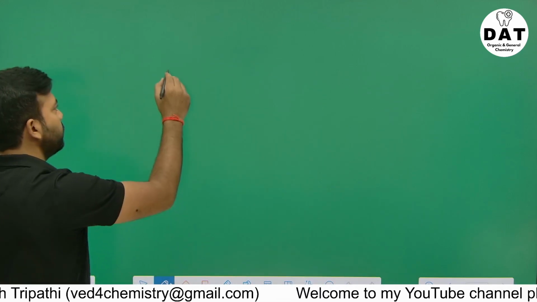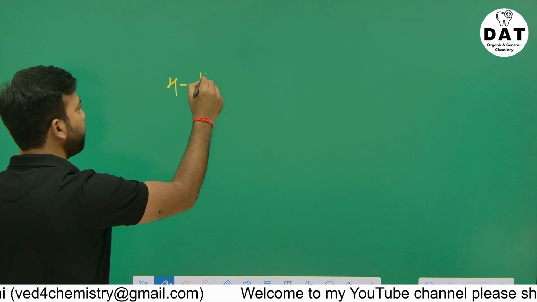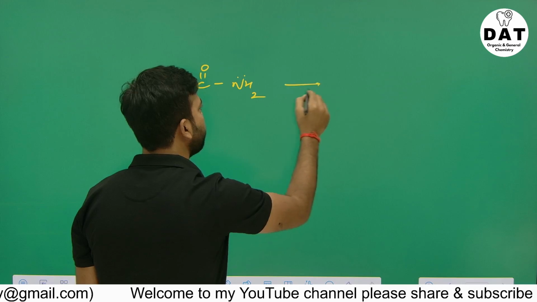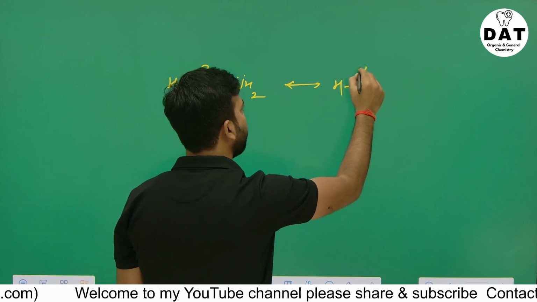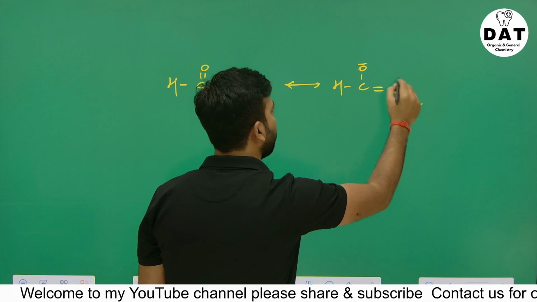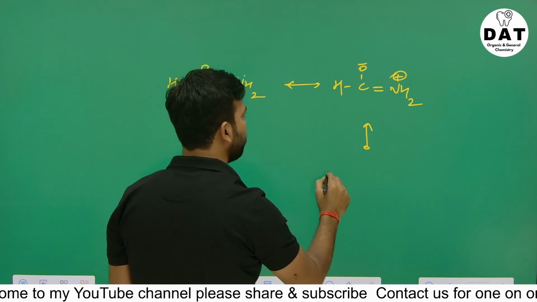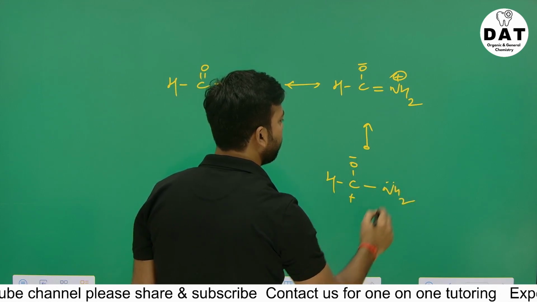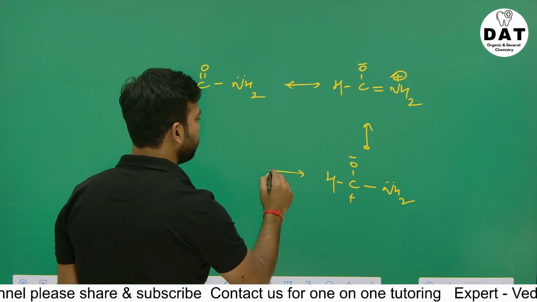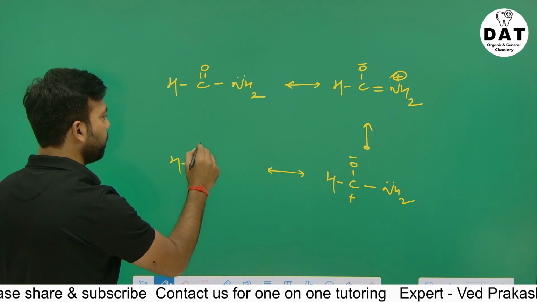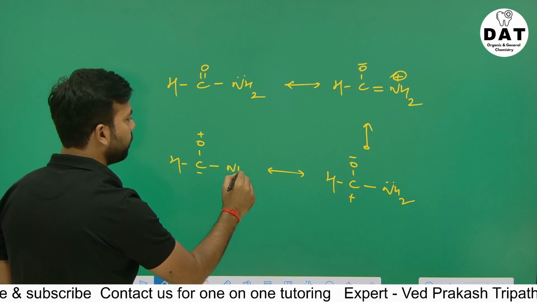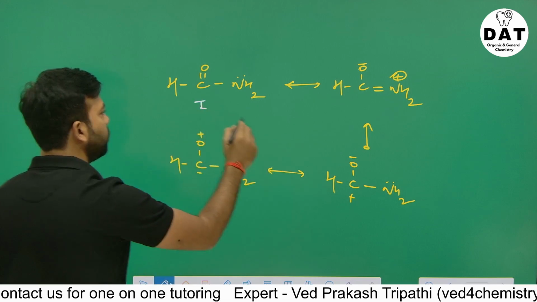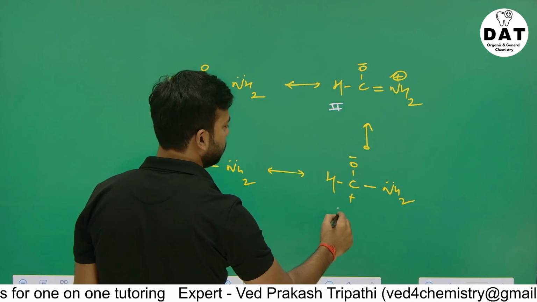So I'm gonna give you some questions here. Suppose this one. So here we have 4, 1, 2, 3, and this is the 4th.